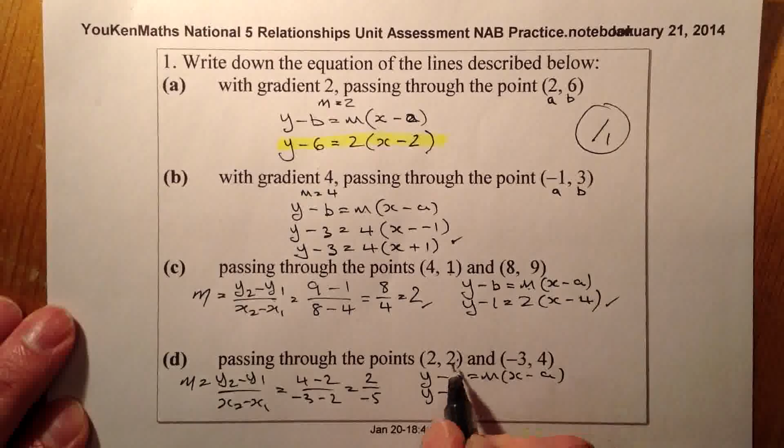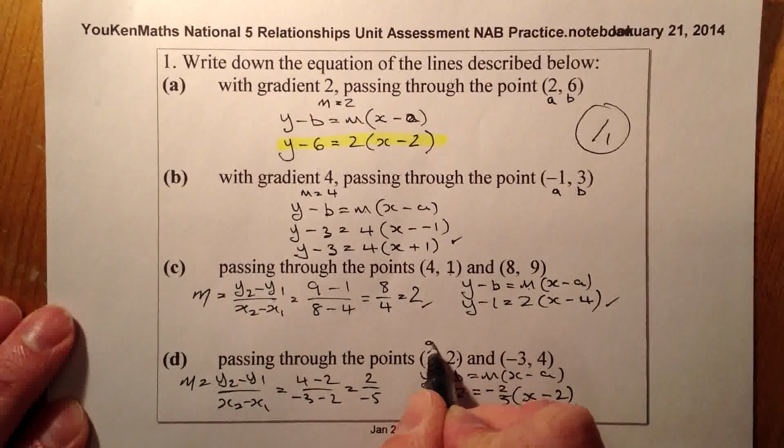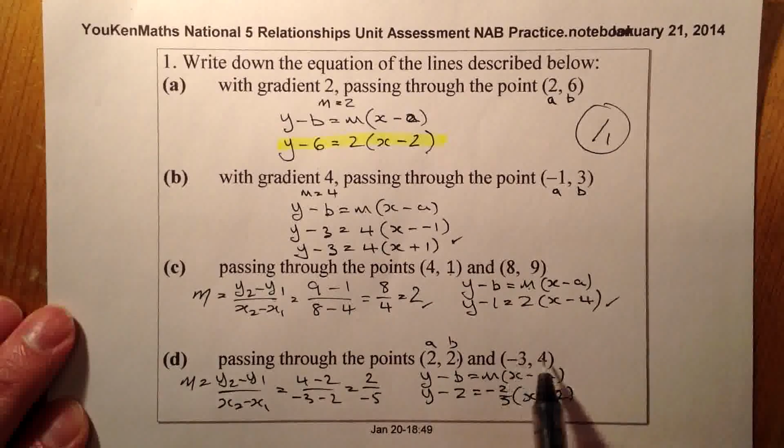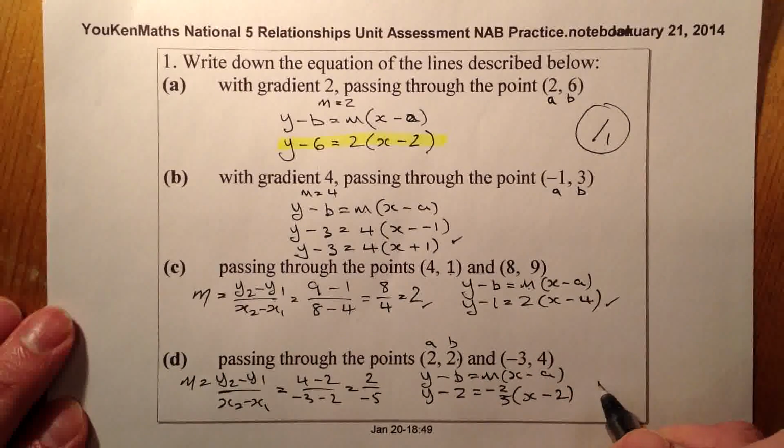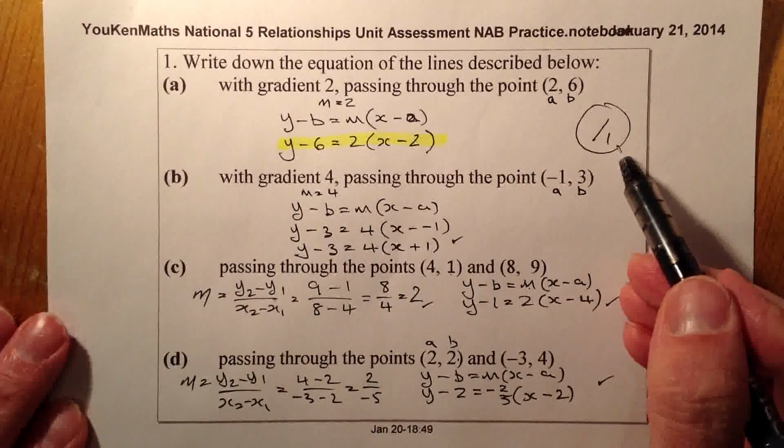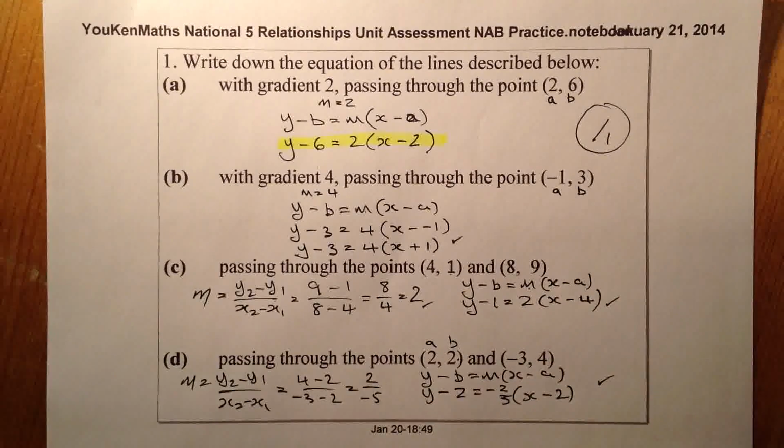So y minus, let's go for this point here, I'll just take the 2, is equal to the gradient, which was minus 2 over 5, x minus this 2 that's here. So that was my a and my b value. I can choose either point to use there, and that would be that complete also. Okay, remember, just 1 mark for this question here.